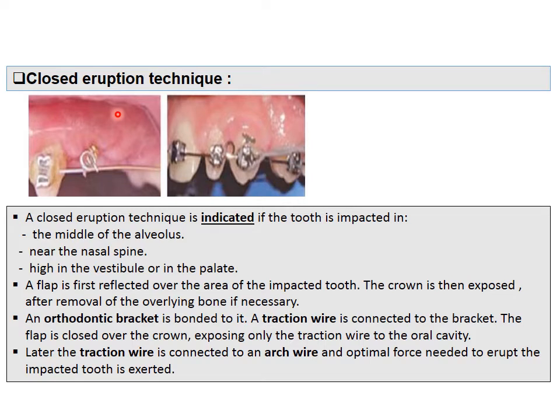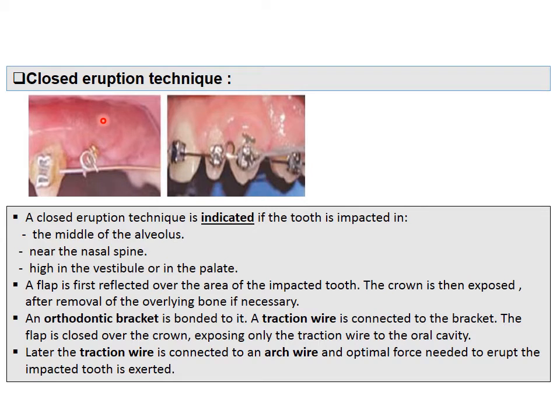Then an orthodontic bracket is bonded to it. They place a bracket or a band, and a traction wire is connected to the bracket. Then the flap is covered over the crown, exposing only the traction wire. As you see here, this is the traction wire, or sometimes they call it the gold chain, only the golden chain is visible, while the flap has healed. After that they connect it to the arch wire and apply traction, which assists the exposure and eruption of the tooth.